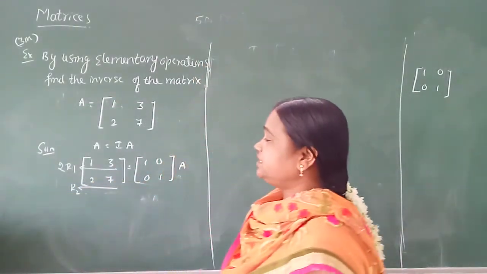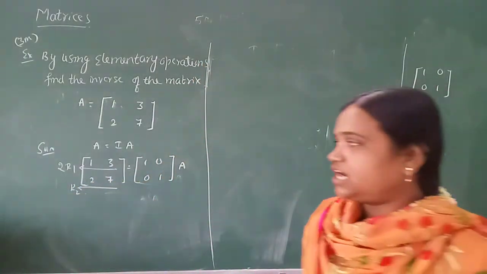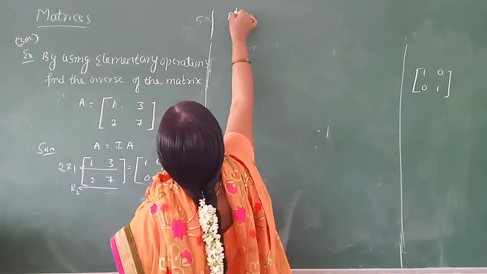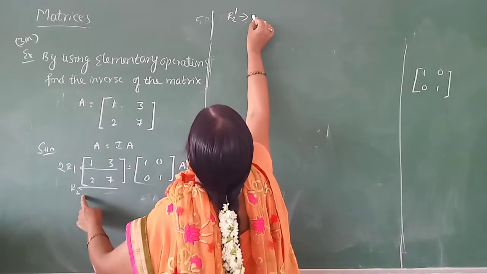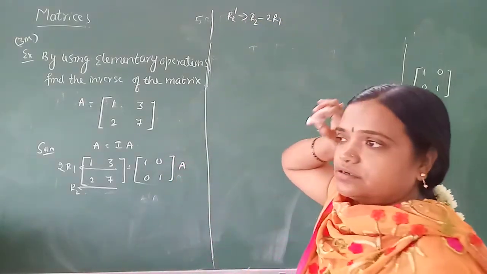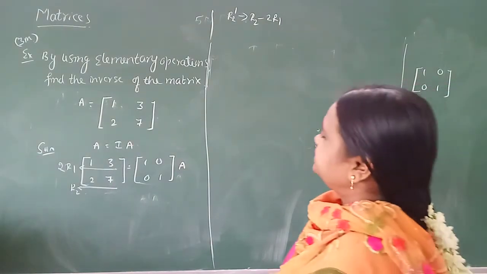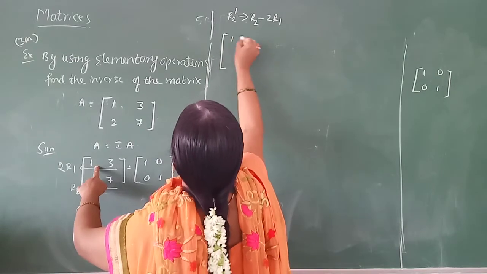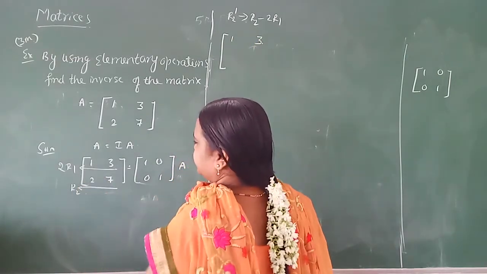But everything we are doing is a change in R2. Therefore, we write R2 dash is R2 minus 2 R1. Changes in the second row. There is no change in the first row. Therefore, the first row is as it is.